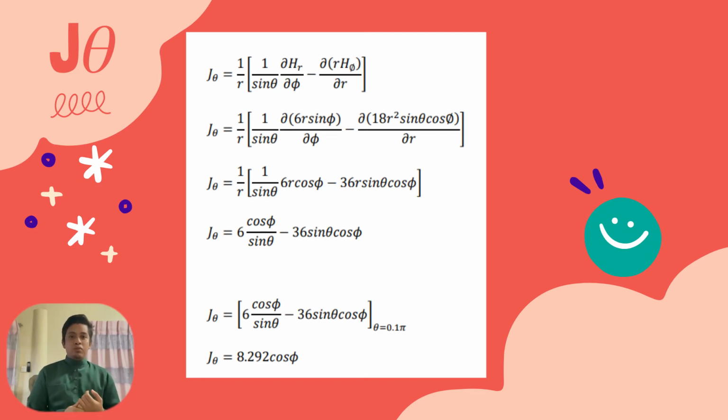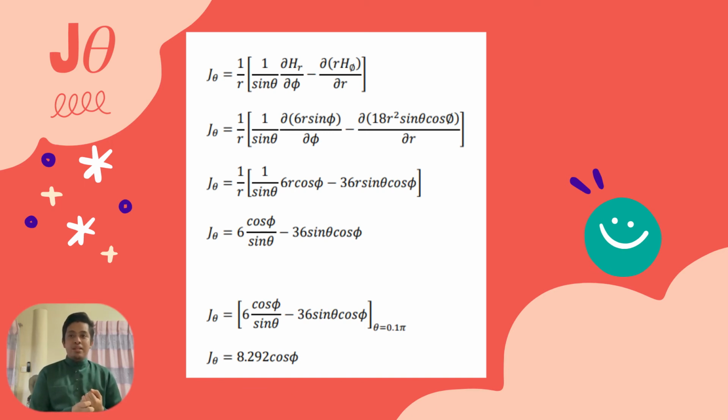So J_theta equals 1 over r in brackets, 1 over sin theta partial H_r over partial phi, minus partial r H_phi over partial r. The next step is to substitute the values of H_r and H_phi from the H equation in the question. After replacing them, the partial derivatives are taken with respect to phi and r.